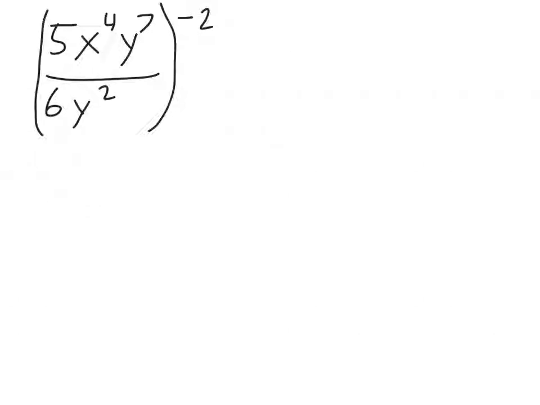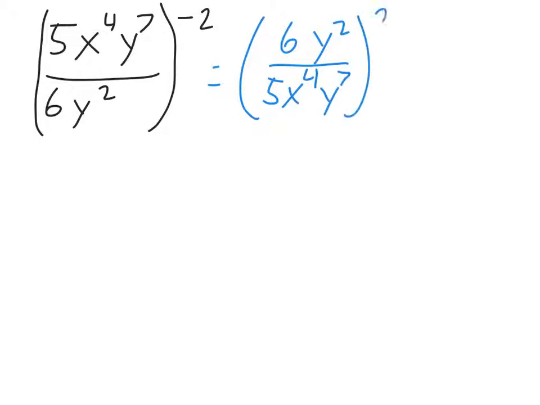So that will give you 6y squared over 5x to the fourth, y to the seventh, squared. So that's the easiest thing to do first. Just take the negative and flip everything with it.